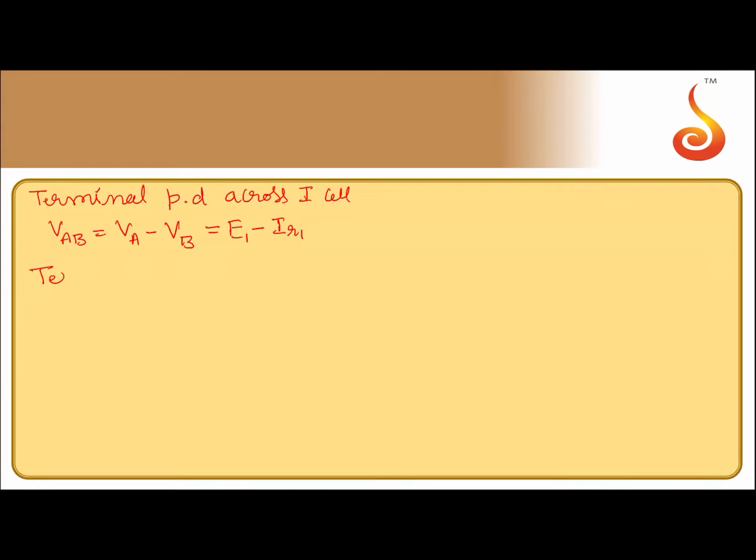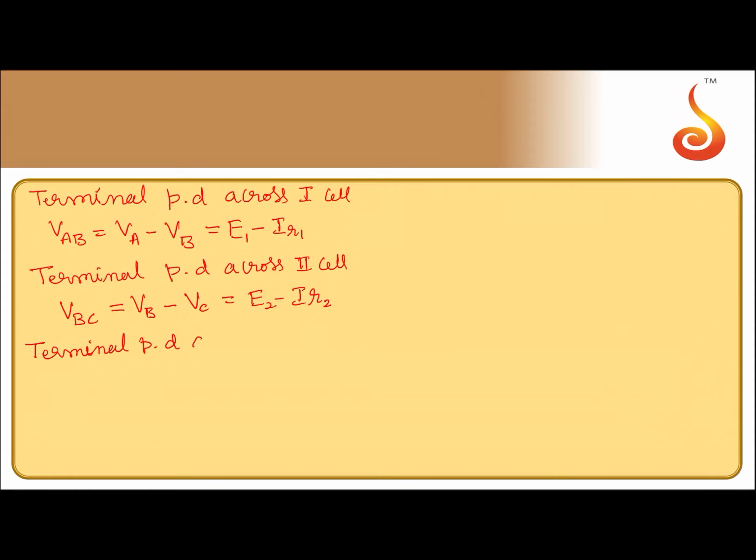Similarly, the terminal potential difference across the second cell is VBC, it is connected between B and C, that should be VB minus VC, that is equal to E2 minus I into R2.